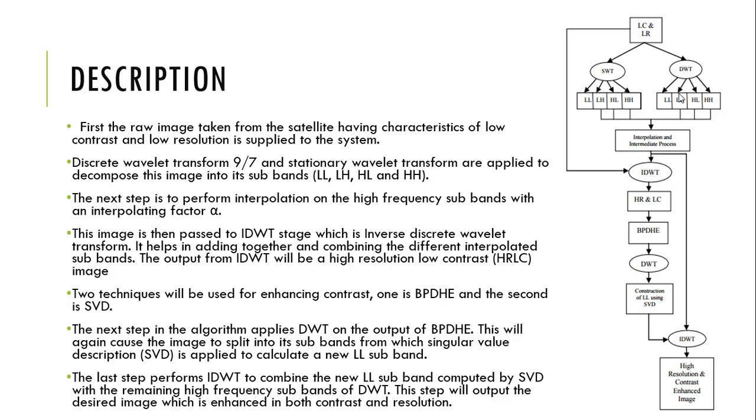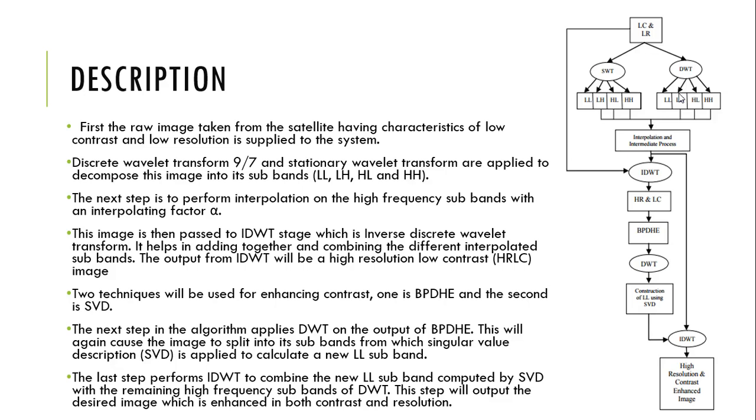This HRLC image will be given as input to my BPDHE, and then BPDHE would enhance its brightness and equalize the histogram. Then that image will be given to another DWT, which is going to separate it into 4 subbands. For these 4 subbands, I'm just going to use the LL subband and give it as an input to my SVD.